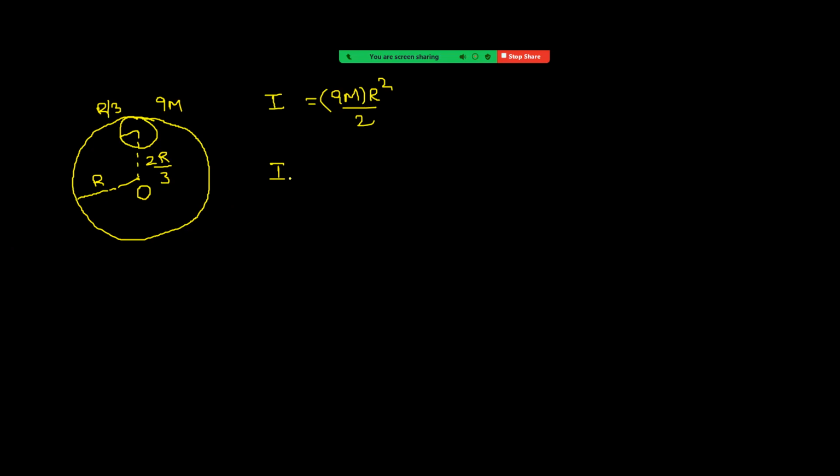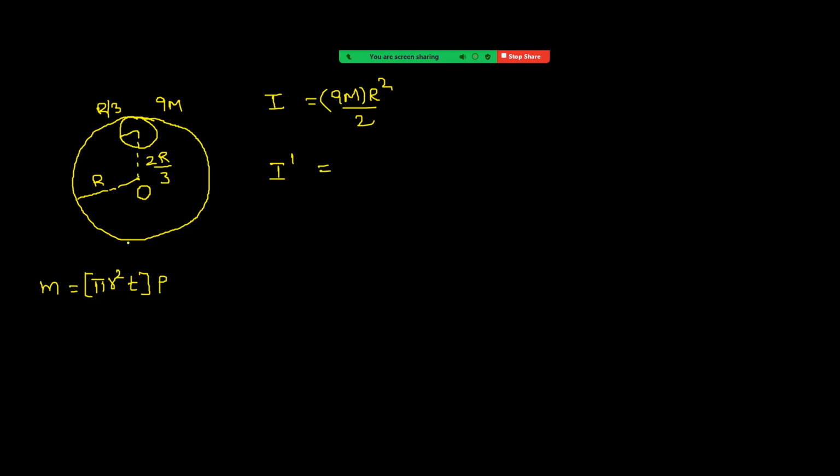Right. Let us see the moment of inertia for the removed part. Let me take it as I dash. For the removed one, we know that mass is proportional to the square of the radius. I will write here: mass of a disk is equal to its area pi r square into the thickness of the disk, that gives volume, into density, that is the mass of the disk.